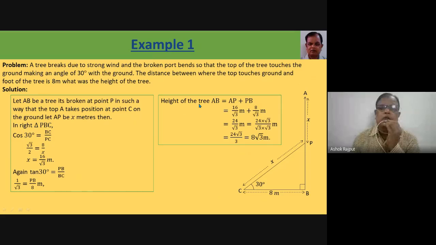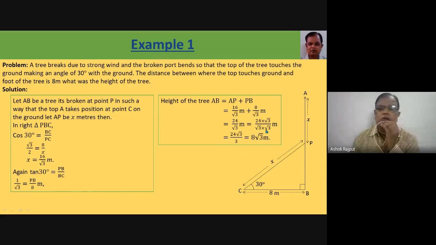The height of the tree is AB equal to AP plus PB, that is 16 by 8 meter plus 8 by root 3 meter. Because the denominator is the same, 16 plus 8 is 24, so 24 by root 3.